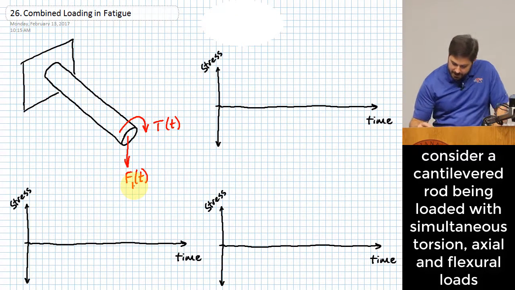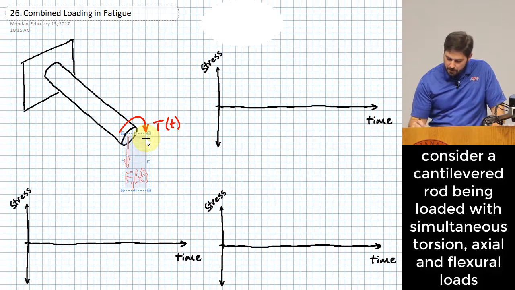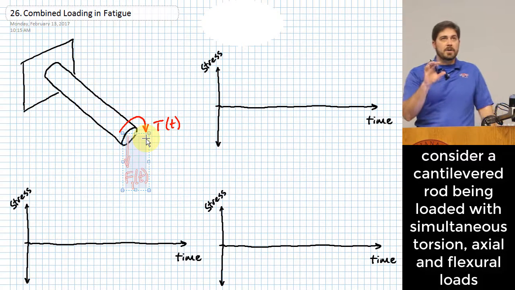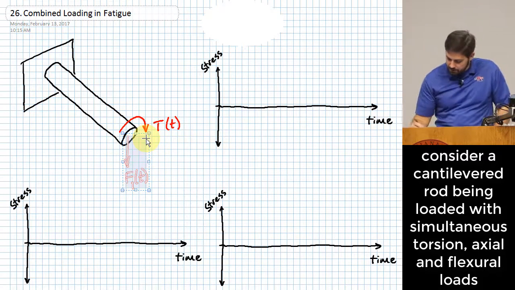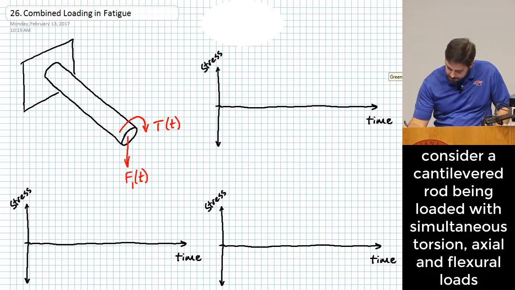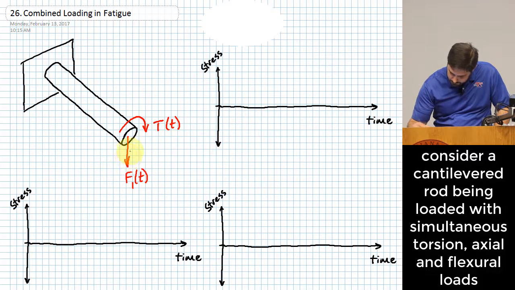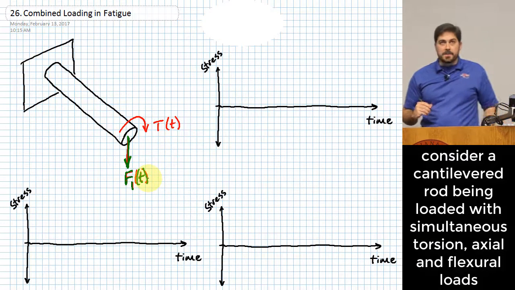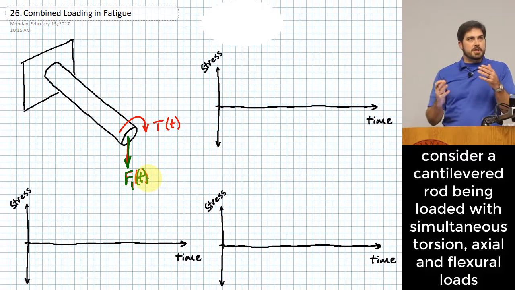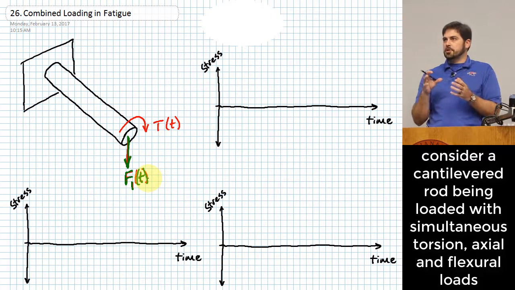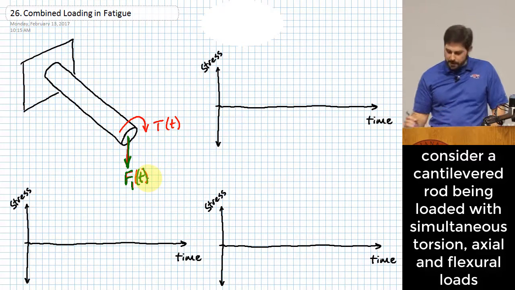And I tell you what, I'm actually going to change the color on that one because I want this to sort of code with a few of the possibilities we could have for how these get loaded over time. So I'll change that one to green. Okay, this one's going to be green, F1 of t. All right, and then the last possibility, because we generally have torsion, we have flexure, and then we have an axial load as well.